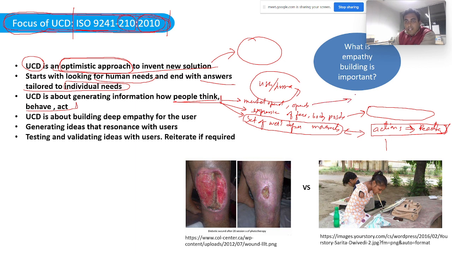Similarly, capturing mental information, like what thought process a particular user has, how he evaluates a task and how he makes certain decisions. All this information one needs to collect in a user-centric design process. It is difficult, but there are ways these can be sorted out.